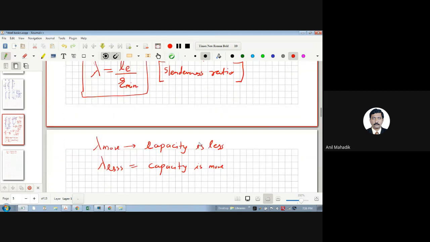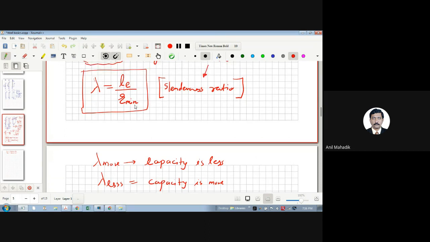and if lambda is more, then capacity is less. Or if R minimum is more, will the capacity be more or less? If this value is more, slenderness ratio will be less, and as slenderness is less, capacity is more.